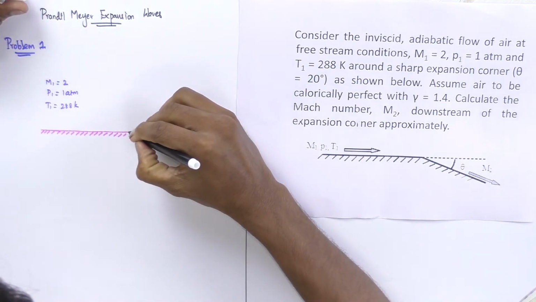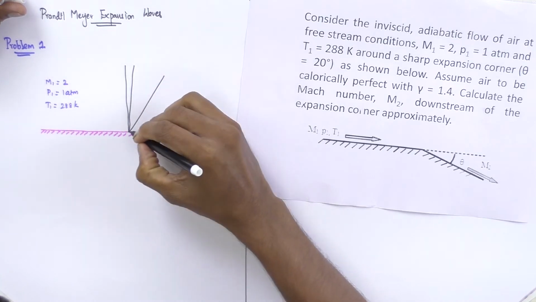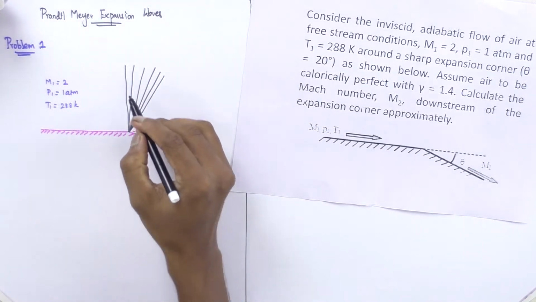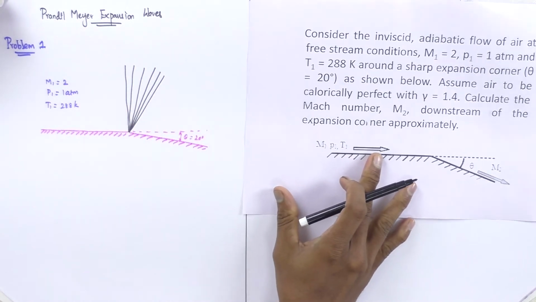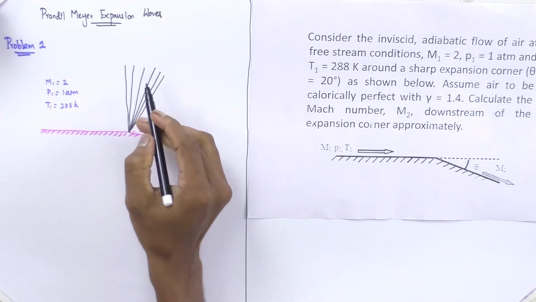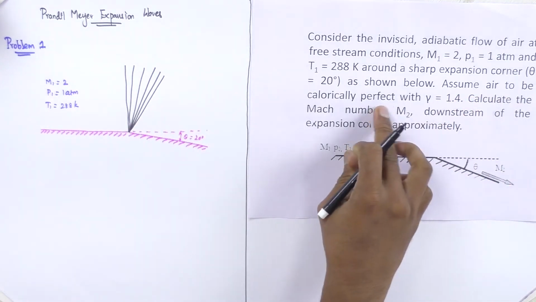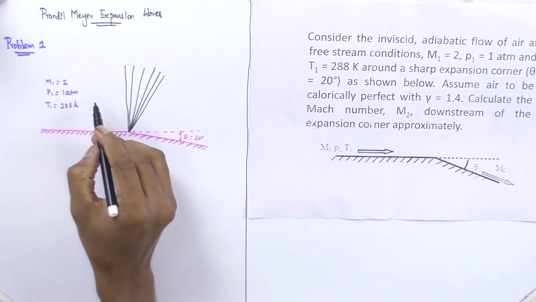So now let us draw the expansion waves, a series of Mach waves. So this will be the forward Mach line and this will be the rearward Mach line. Assume air to be calorically perfect gas with gamma is equal to 1.4.